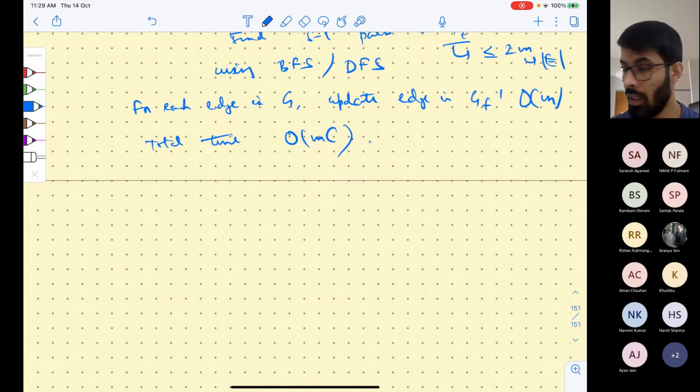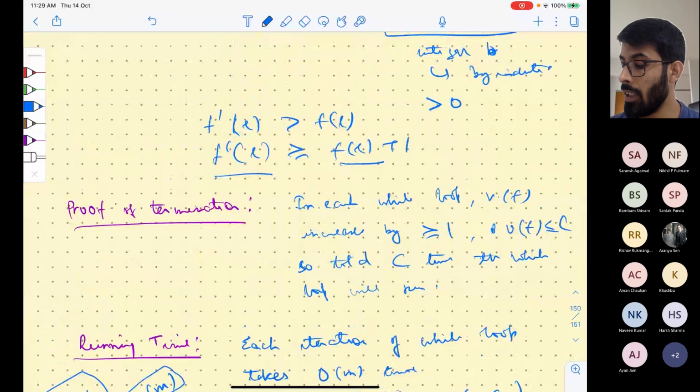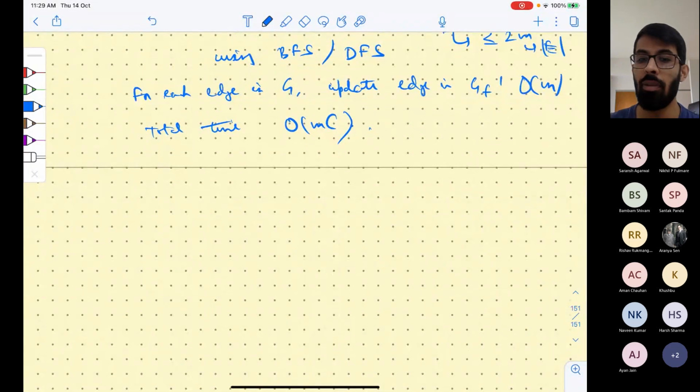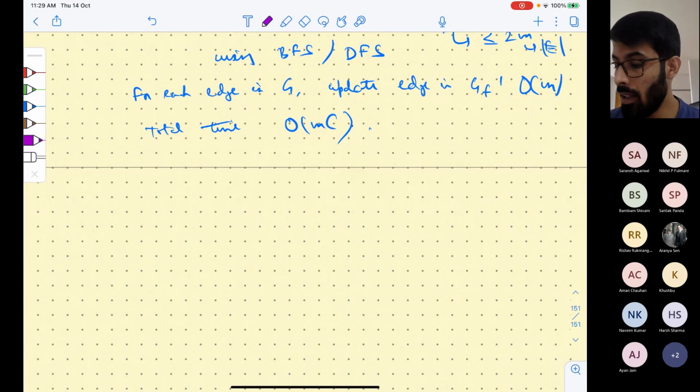Good. So now we still have not proved the correctness though. We have done the proof of termination. We have done the proof of running time, how much time the algorithm will take. But we have not done the proof of correctness, that this actually returns a maximum flow.